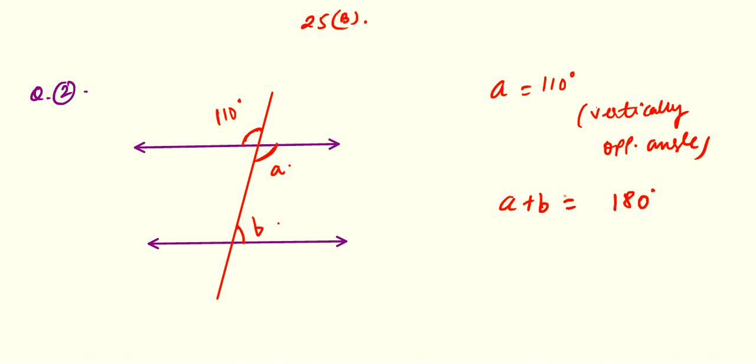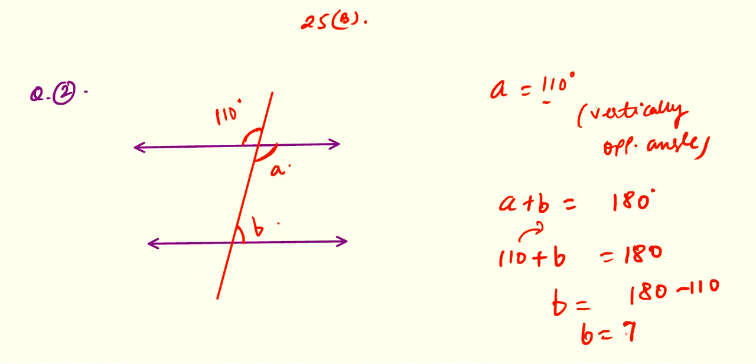So A plus B equals 180 degree. Value of A is 110. So 110 plus B equals to 180 degree. Transpose this 110 to the right hand side. So B equals to what? 180 minus 110. So B equals to 70 degree. So this is your required answer, 70 degree, and this is 110.